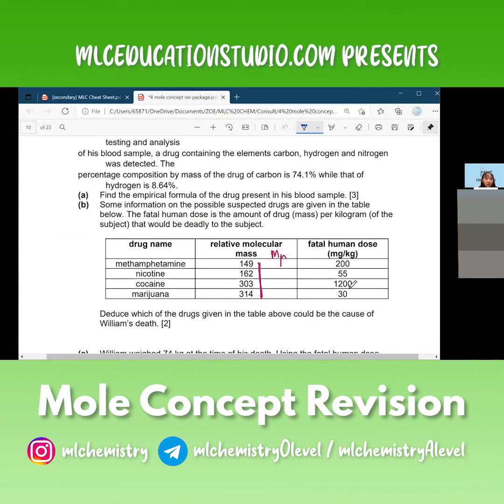Okay, so you want me to go through part B, right? Part B says that I have 4 different drugs and the MRs are 149, 162, 303, and 314. The fatal human dose is not very important for this question. They want you to determine which drug is the one with this percentage.